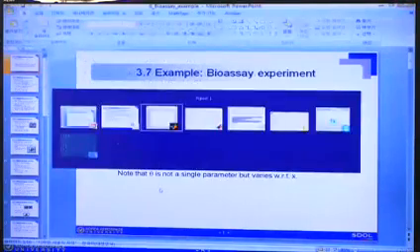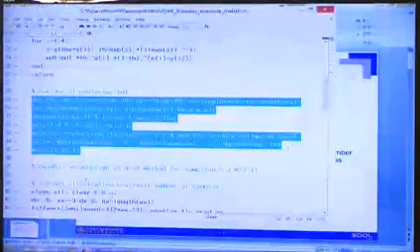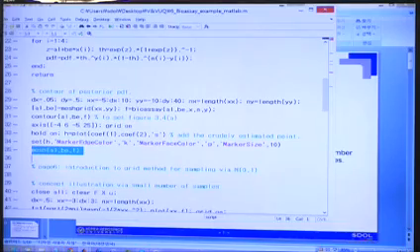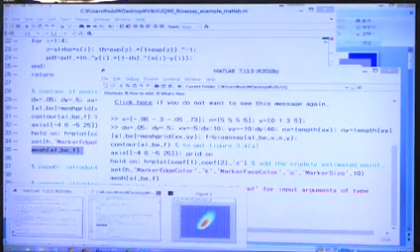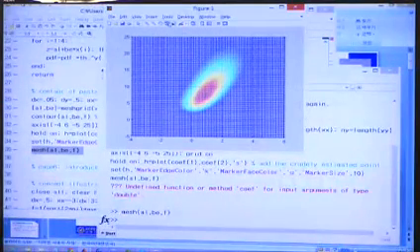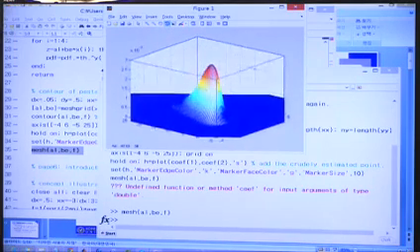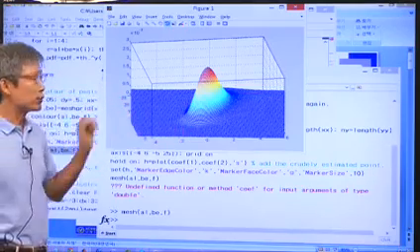Also, we can look at the function in the form of a mesh or three-dimensional shape. This is just looking at the top view, and by rotating this, we will see this is some kind of a three-dimensional view. And the maximum likelihood, the red parts, and the less likelihood, blue parts.